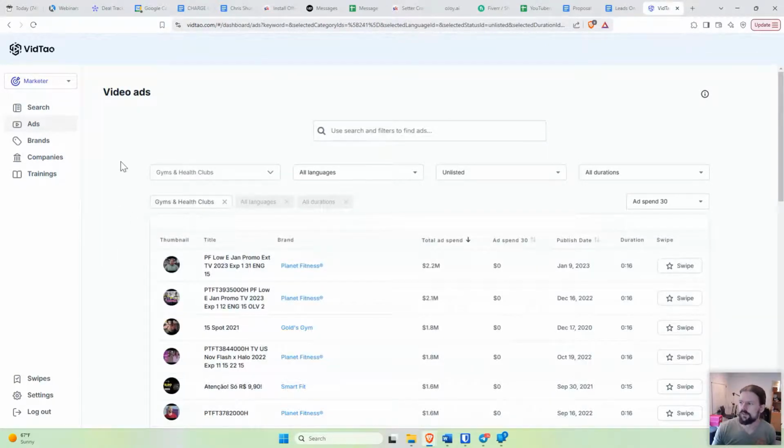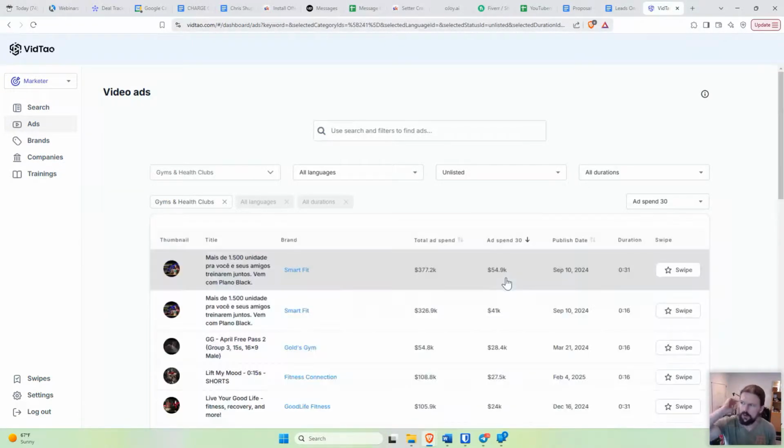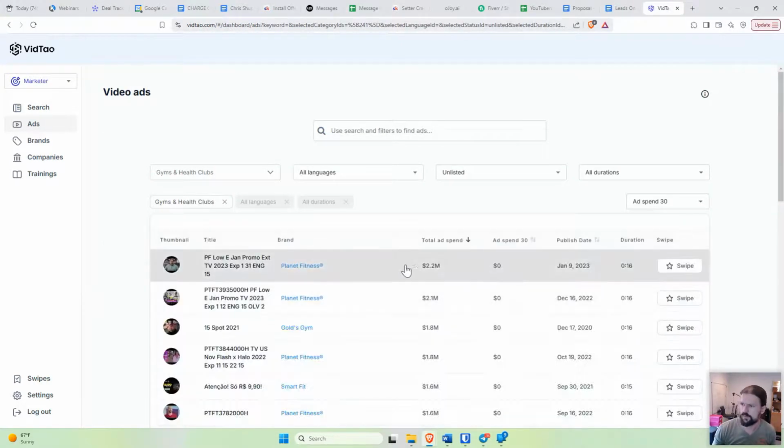And now I can see what people are spending on gym ads. And again, I like to start with this ad spend 30 to see what's working right now. For example, this Planet Fitness ad, they spent $2 million on it, but now they're not spending anything at all. So it suggests that they decided that it wasn't good for them for whatever reason.